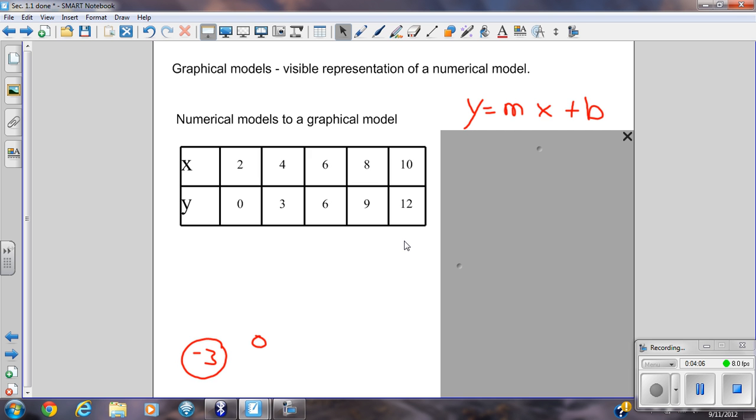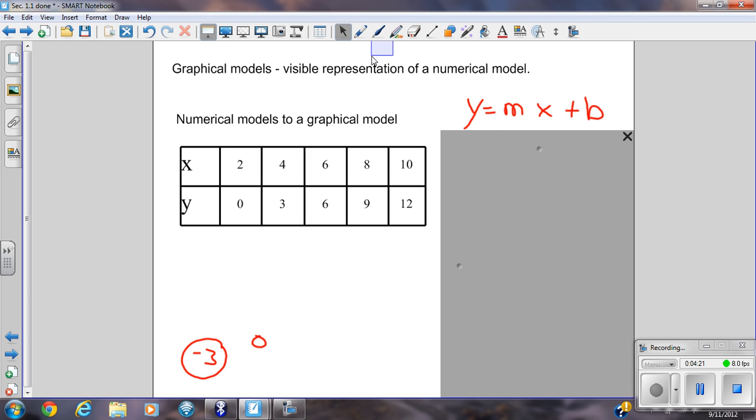I'm going to try to put this in slope-intercept form. First step being finding the slope. How I'm going to do that is I am going to find the change in y over the change in x.